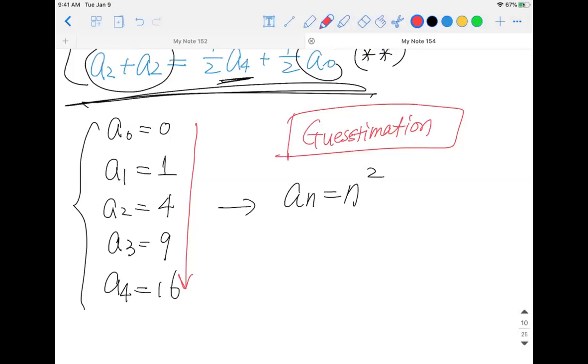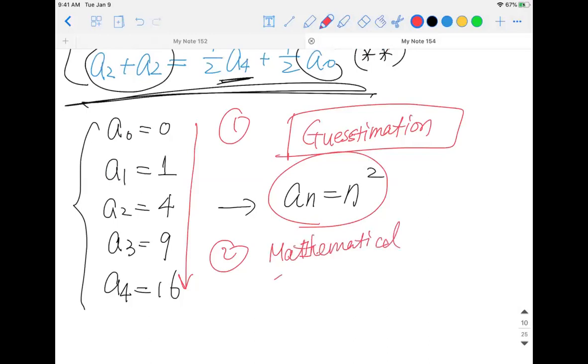Second part is, this is number one, guesstimation. Second, you might say, okay, I just guessed it out, but how can I find a rigorous solution? How can I rigorously prove this? In order to rigorously prove this, you can't keep writing A4, A5, A6, A7, right? You can never stop there. What you can actually use is the mathematical induction method.